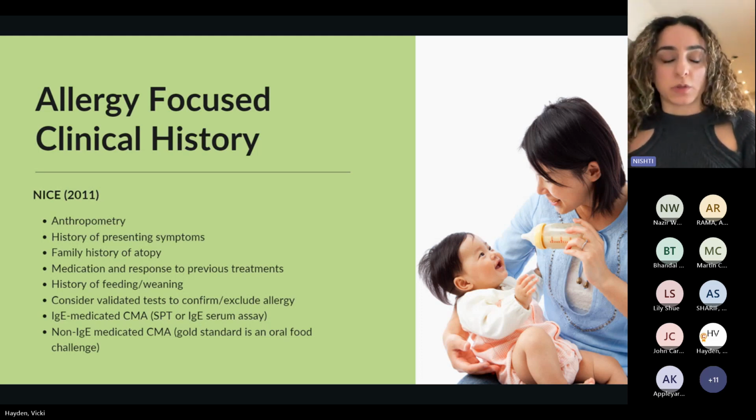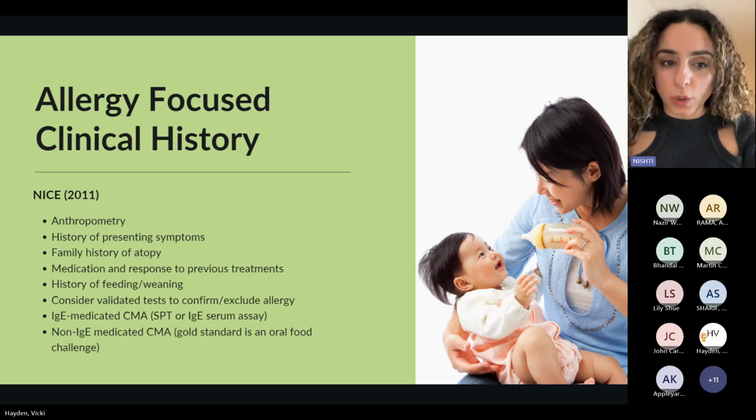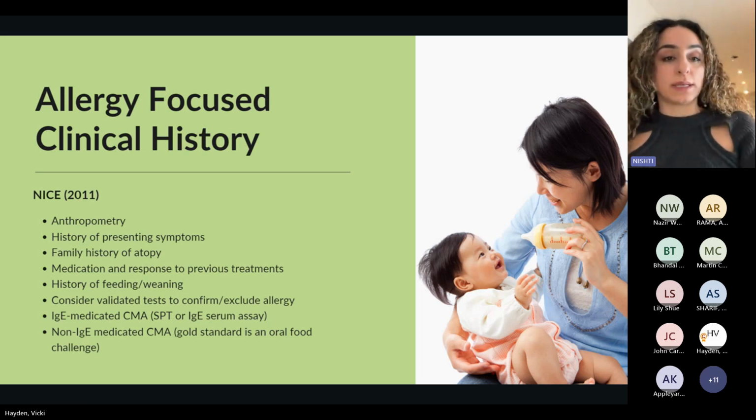When you have a child with suspected cow's milk allergy or lactose intolerance, you want to look at their feeding and you want to look at weaning. And you also want to consider validated tests to confirm and exclude allergy, because as we know, for children with a suspected IgE allergy, so immediate allergy, we can do tests for these.